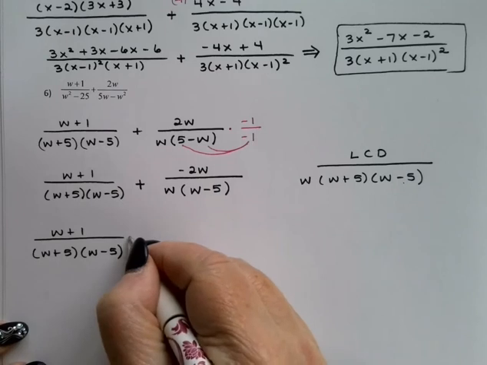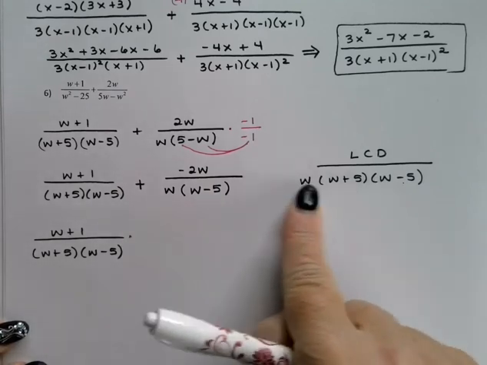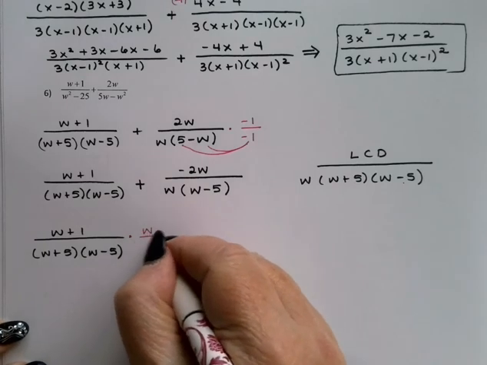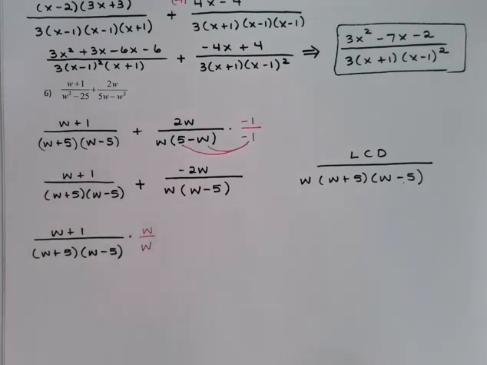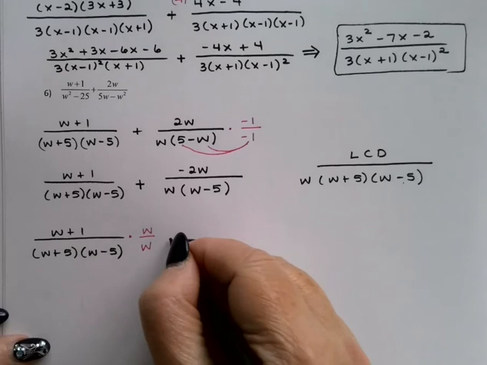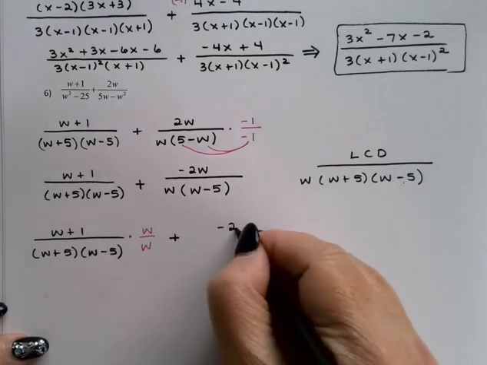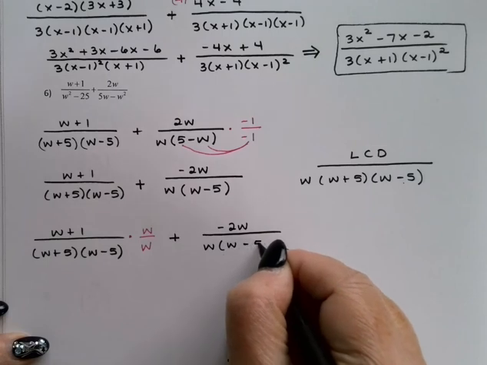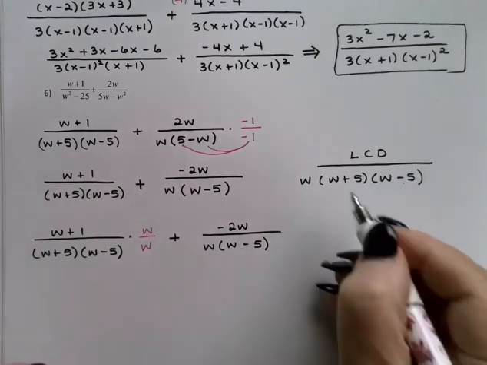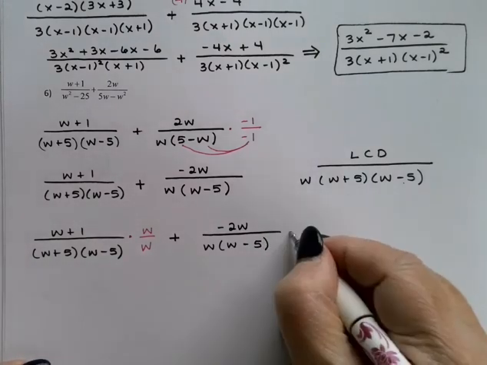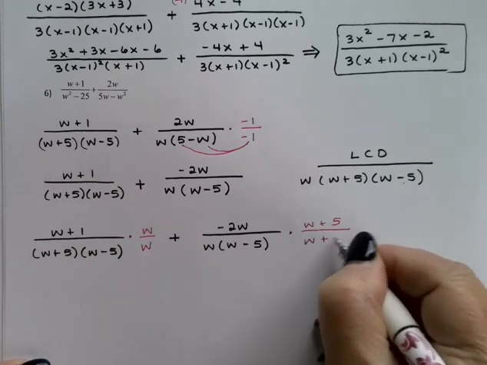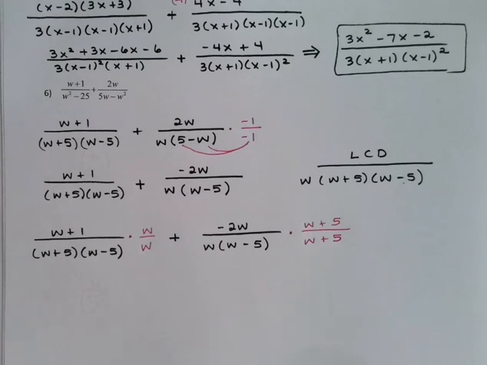All right, in my first fraction, to match this LCD, the only thing I'm missing is the W. So we'll multiply by the form of 1, W over W. In our second fraction, we are missing the W plus 5. So I will multiply by the form of 1, W plus 5 over W plus 5.